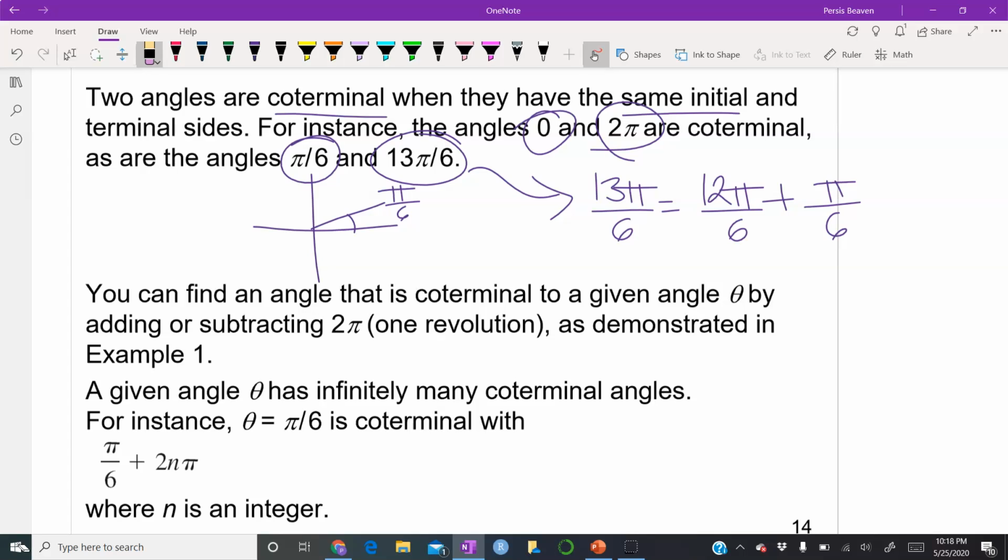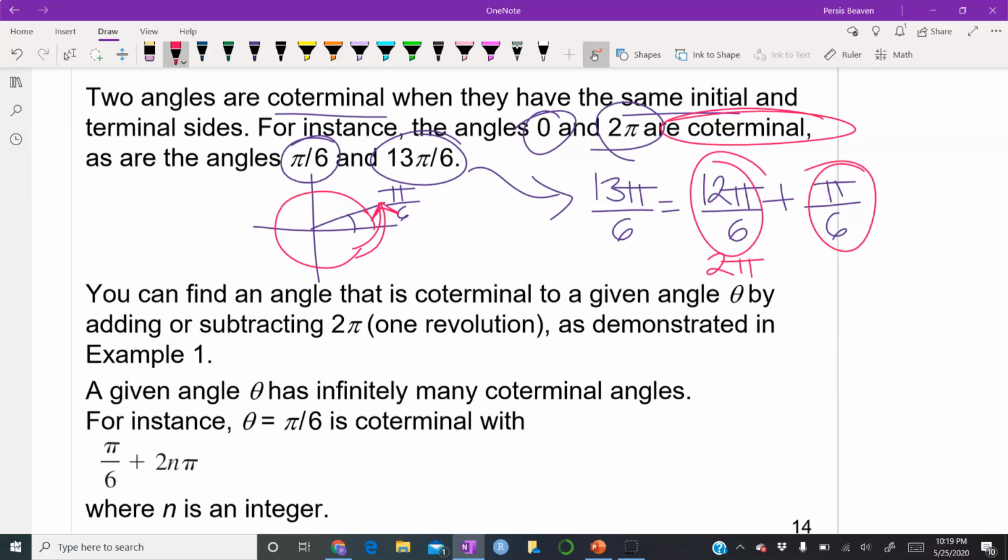So if I use pi over 6, like I already have it drawn here, but then I go another 12 pi over 6, which is equivalent to 2 pi, that would be a full rotation of a circle, and I will end up here. And I would like to define it this way: two angles are coterminal when they share their terminal side.